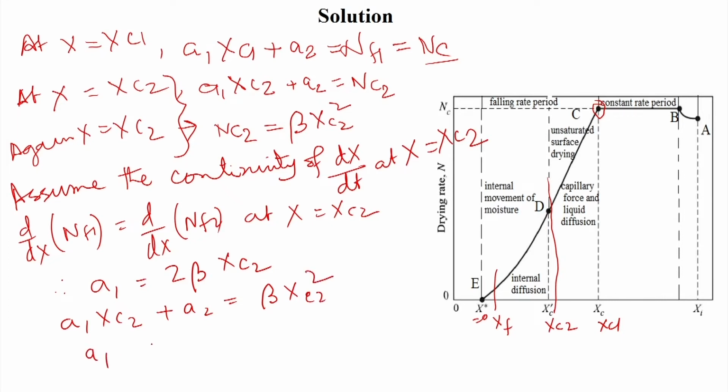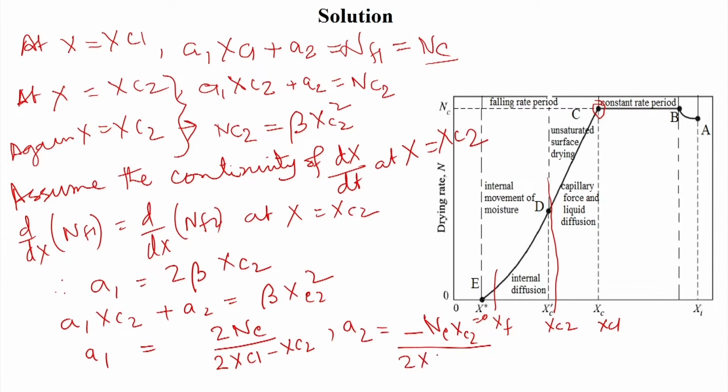Just by manipulation, A1 will be equal to 2 NC divided by 2 Xc1 minus Xc2, A2 will be equal to minus NC into Xc2 divided by 2 Xc1 minus Xc2, and beta will be equal to NC divided by Xc2 into 2 Xc1 minus Xc2.